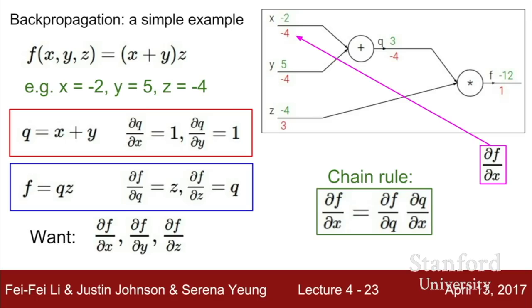Instead, if you use this formalism and break it down into computational nodes, you only ever work with gradients of very simple computations, at the level of additions, multiplications, exponentials, things as simple as you want. Then you just use the chain rule to multiply all of these together and get the value of your gradient without ever deriving the entire expression. Does that make sense? Okay, so we'll see an example of this later.